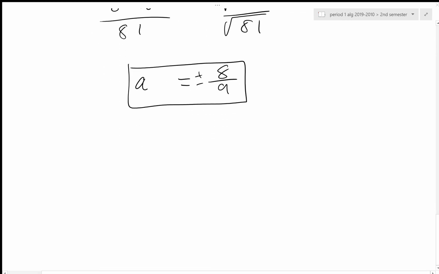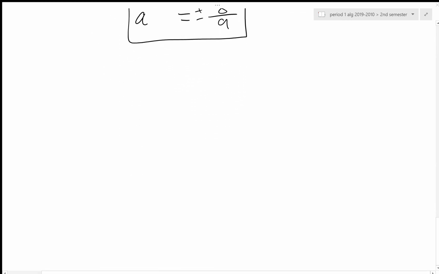Alright, last one. Let's say you're given 5 plus 3x squared equals 33. Now, if you remember correctly, this is the 2, this is the 1, this is the 1.